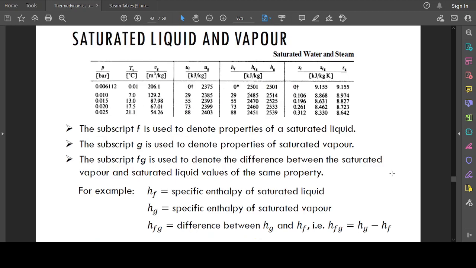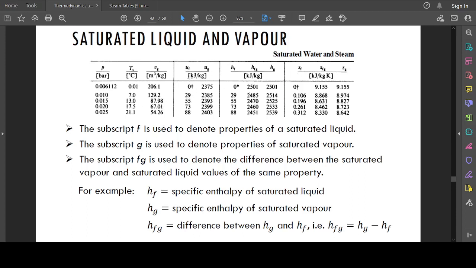So going further, we need to clarify and explain the most common subscripts used in the steam table, in order to give clarity on how to use it. Whenever you see a subscript f on the steam table, as you can see here, this denotes saturated liquid.